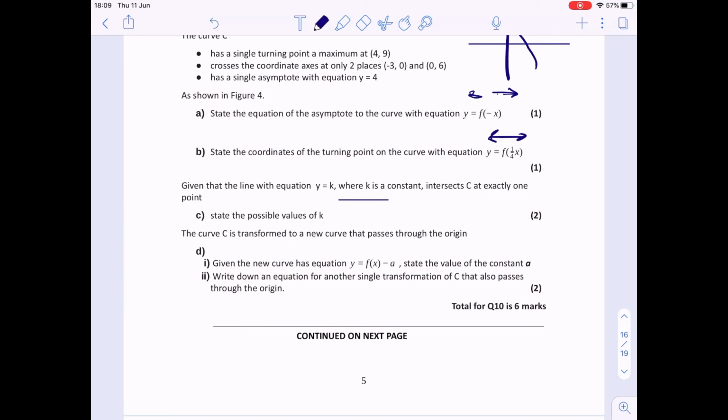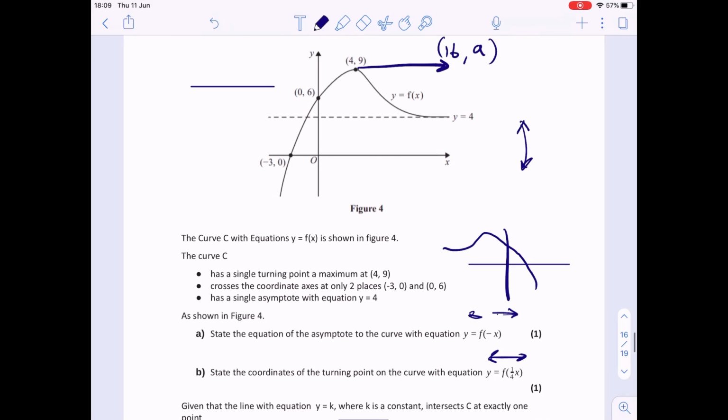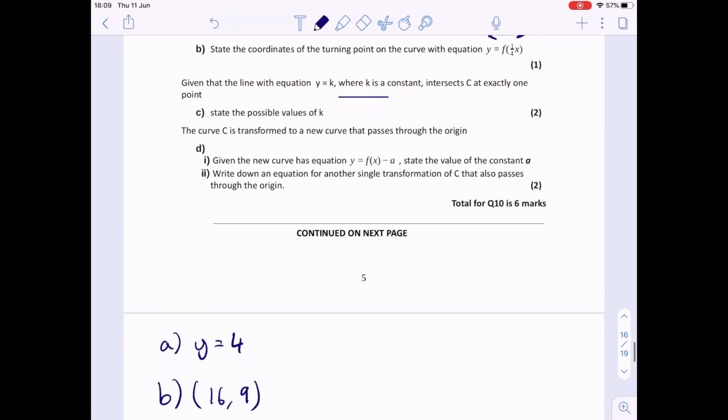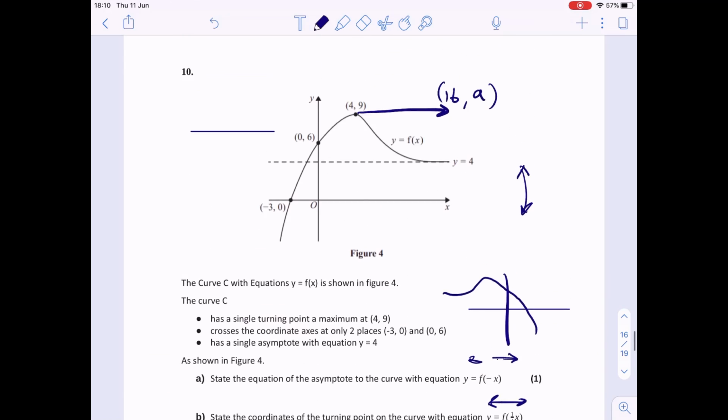And now let's have a look at D. So the curve C is transformed to a new curve that passes through the origin. Okay. Given the curve has equation y equals f of x minus a, state the value of the constant a. Now this is a translation, so it's just everything has been shifted down by a.